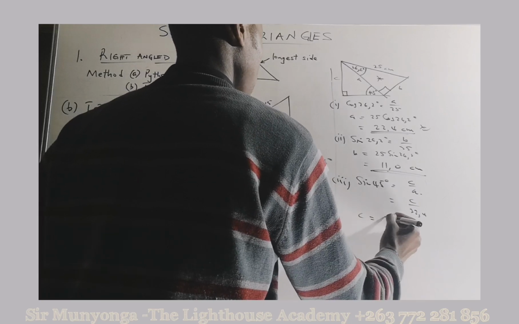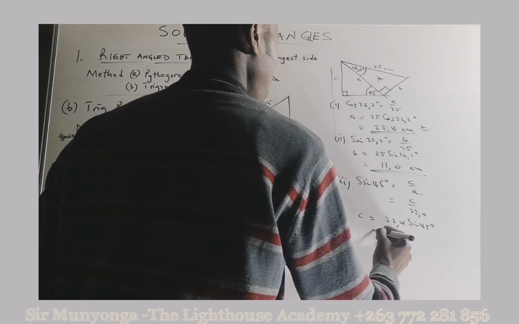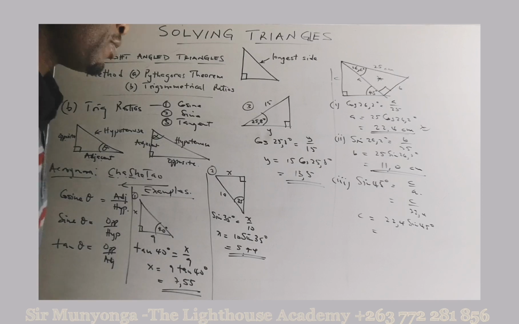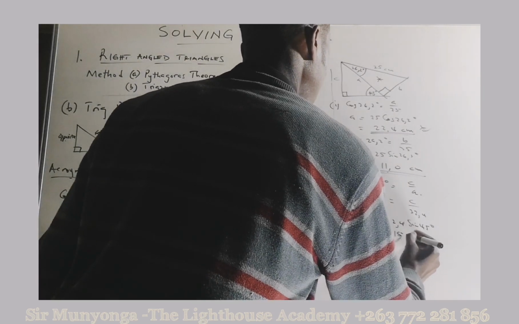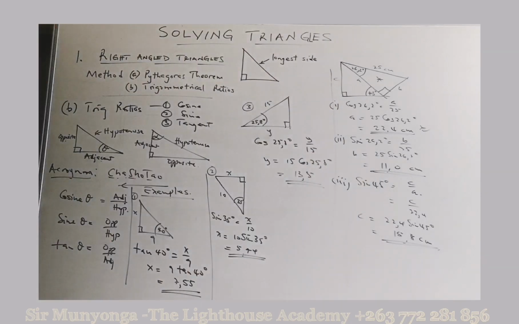So we cross multiply and our C becomes 22.4 sine 45 degrees, which gives us 15.8 centimeters. So we have done tan, sine, cos, and in our last example we made use of cos and sine.